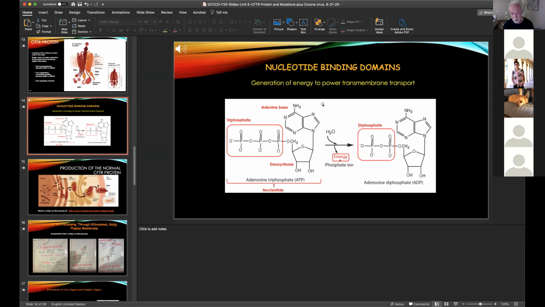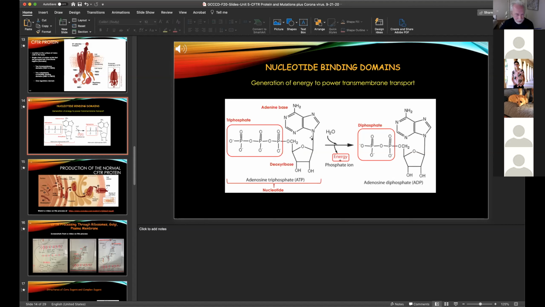Nucleotides are the building blocks for DNA and RNA. But here we're talking about a completely different process. It has nothing to do with genes. It has to do with production of energy. So ATP has 3 phosphate groups at the 5' end.